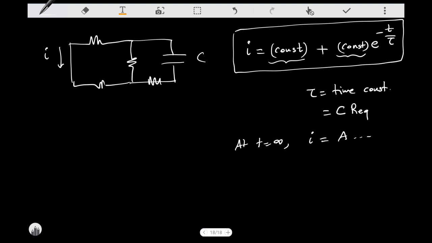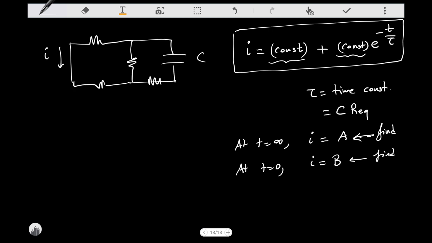In the discharging circuit case, the current would be 0 at t equals infinity. So that's going to be a constant in here. By using the physics, you can find this. And at t equals 0, you can also discuss the physics and then find a value for that current, just as we have done for the discharging circuit too. It is some value, let's say.